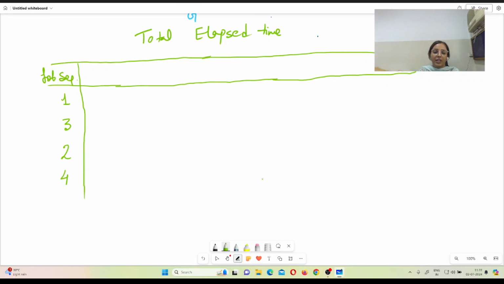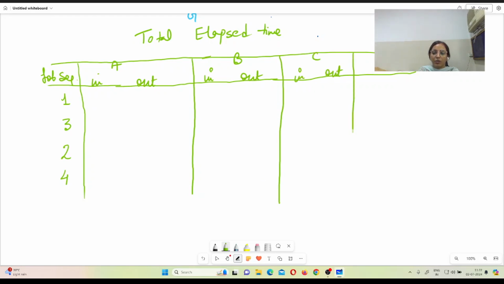Yes, and we have to write the 5 machines over here. Machine A, right? Machine A has an in and out in the same way. Then again we have machine B. For machine B also we have an in and out, right? Then we have machine C, in and out, right?